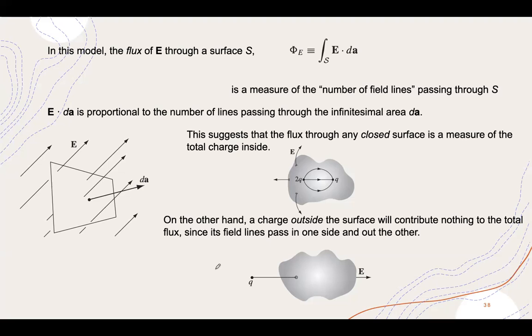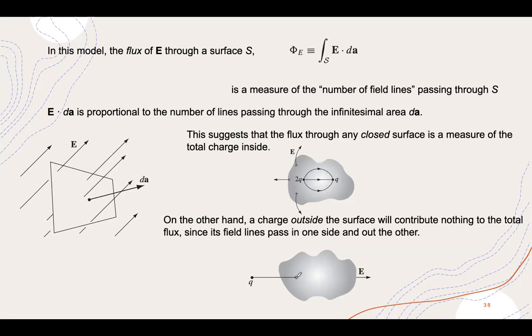Sir, can you explain the second one, where you said that it will cancel each other? Yeah, you see here, the electric field is incoming on this surface, and it is going out with the same strength here, because it is just like a hole.